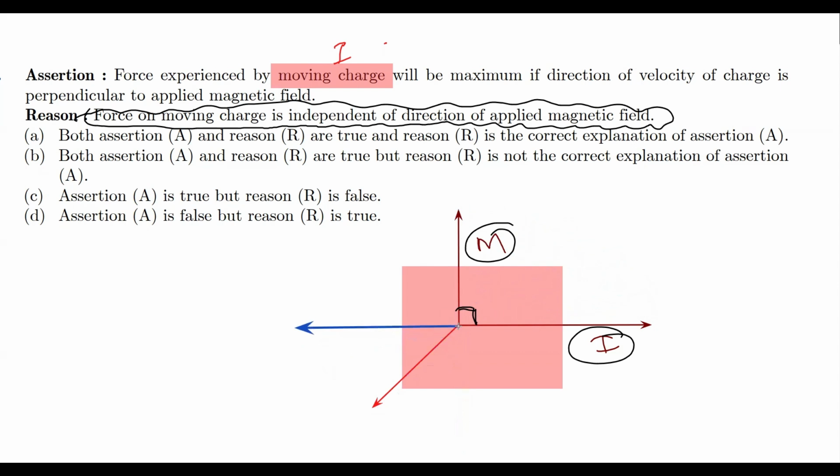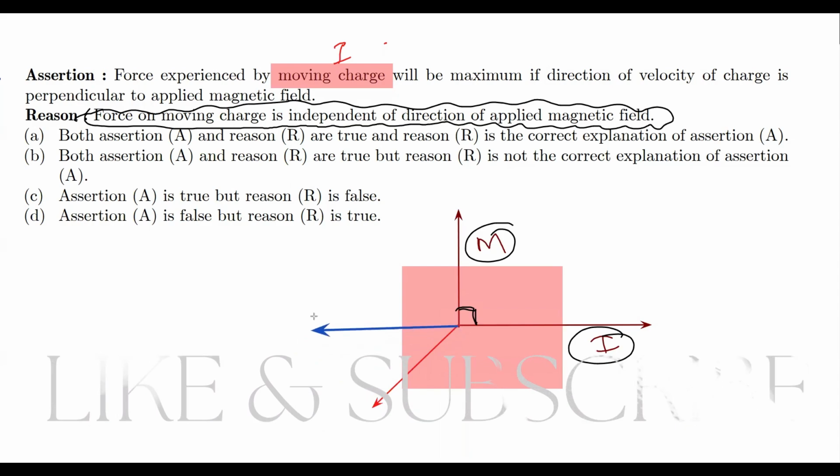Again, the force will be maximum, as you can see, it's 90 degrees at this point. So force decreases, becomes zero, increases, becomes maximum, decreases, zero, and then increases. As long as it is 90 degrees, again, it is maximum this way.